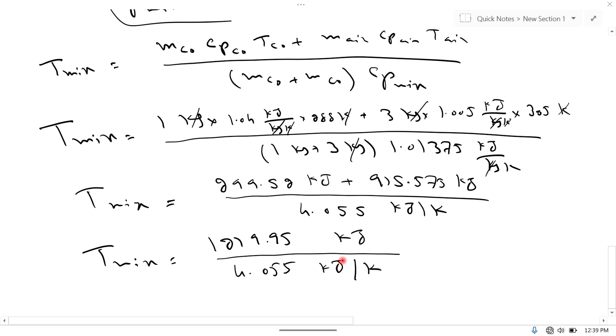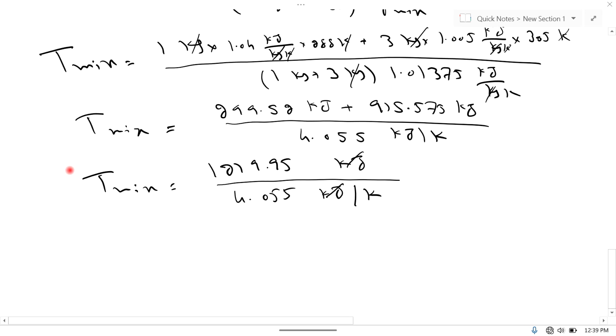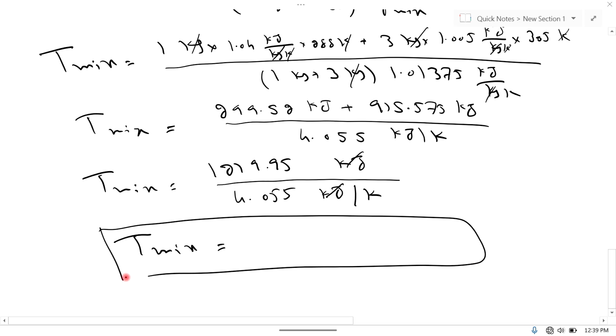Now kilojoule will be cancelled with kilojoule and Kelvin will come in the numerator, because this is a double division. So the temperature of the mixture is 300.64 Kelvin. If you want to convert this into degrees centigrade, 300.64 minus 273, which is equal to 27.64 degrees centigrade. So this is basically the answer of part number 1.